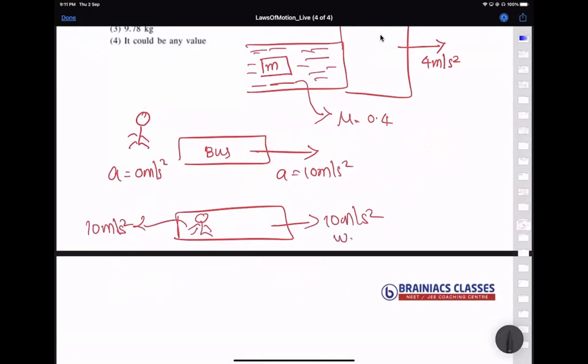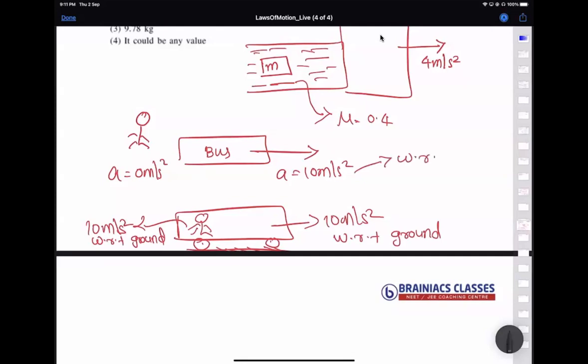I can say this is with respect to the ground, and the ground is not moving. Your 10 meters per second square is also with respect to the ground. In the previous case, the bus alone was moving.